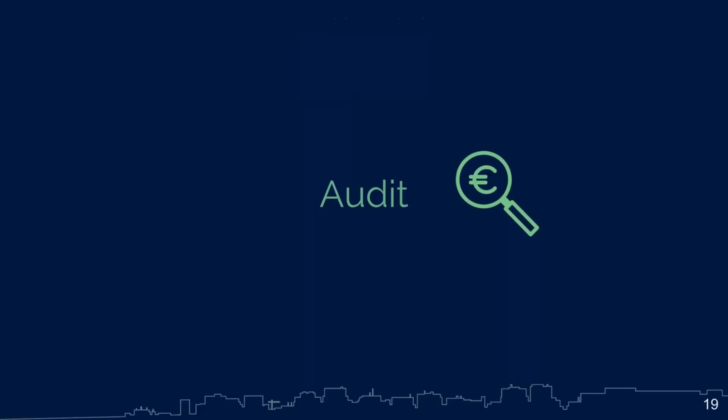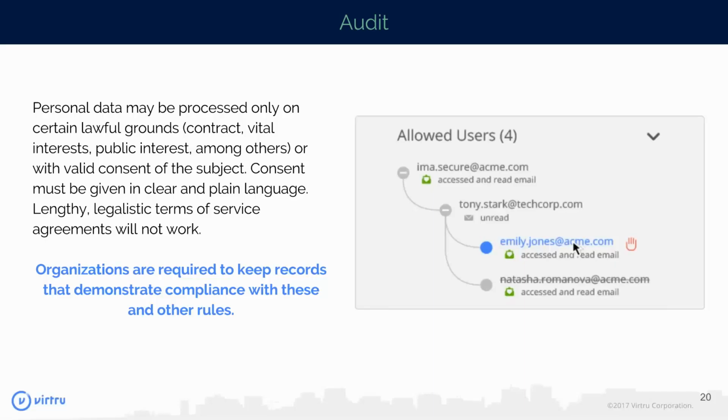And the final, and sometimes the most important piece, is proving that you have the ability to audit the access control of your most sensitive content. So demonstrating to the regulators throughout these exercises that truly only authorized parties have access to the content, and going above and beyond that, being able to prove whether they then forwarded it on.